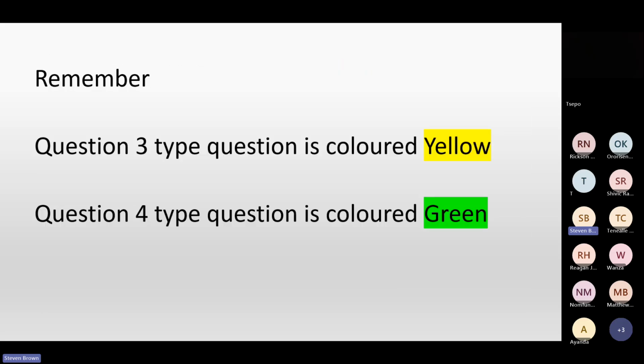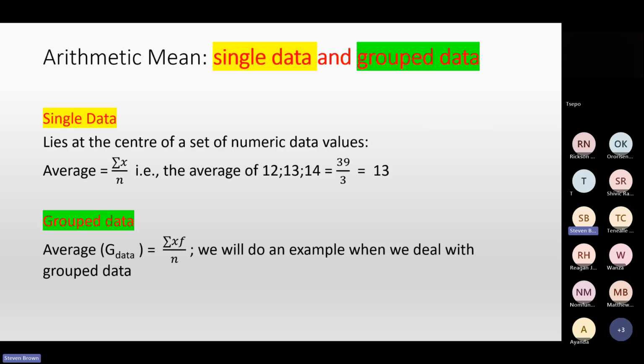Right. Now we're going to do a question 3 type question, which is now going to be coded yellow, and a question 4 type question is going to be coded green. Okay. As I go through the learning unit with you, I'm going to point out which is a question 3 and which is a question 4, so that you can orientate yourself.